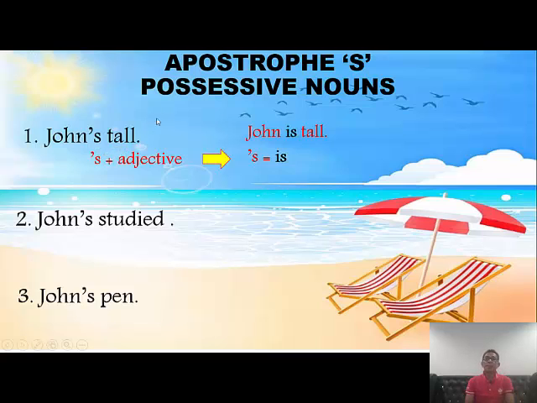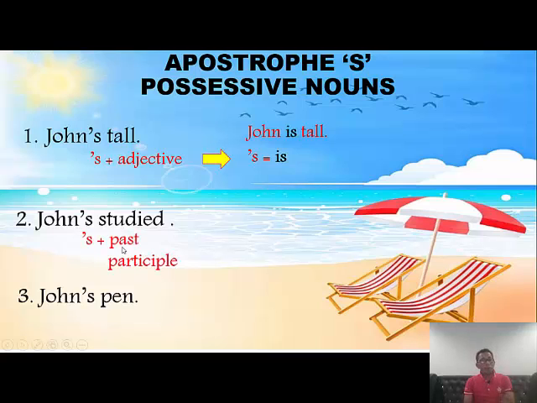It is not a possessive noun. It is not apostrophe s as a possessive noun. It is the contraction, the short way to say John is tall. So you use John's tall. All right, that's the first case of apostrophe s that gives a different meaning from the apostrophe s as possessive nouns. Number two, John studied.